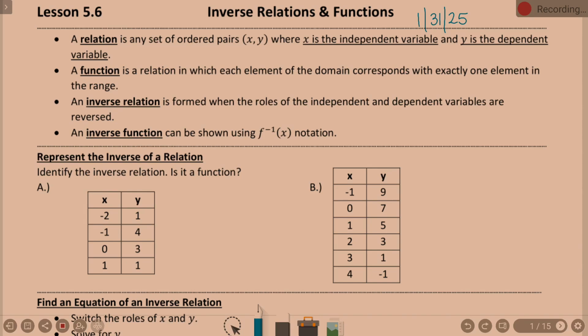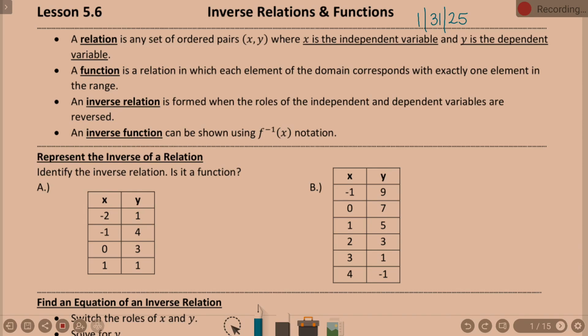A function. You've talked about functions before. A function is a relation in which each element of the domain corresponds with exactly one element in the range. We've done a couple of things to talk about whether or not something is a function. For instance, remember the vertical line test?